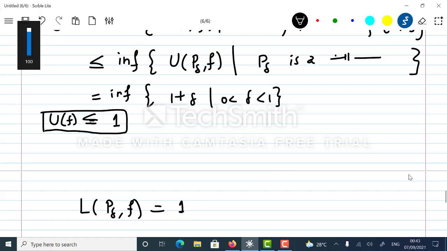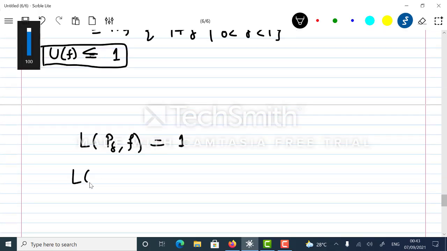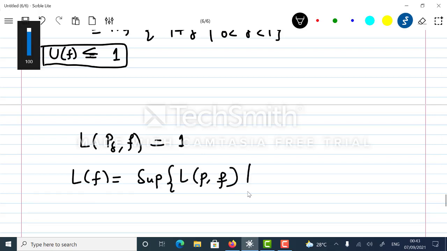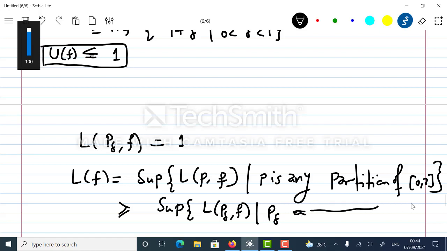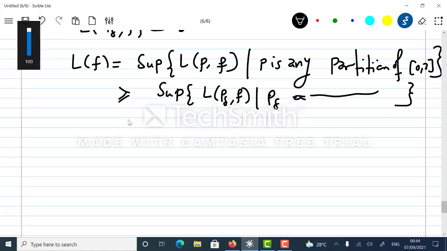Yeah, so that you can check out, and then it is a constant anyway, so my LF is equal to the supremum of all LPF such that P is any partition of closed interval 0, 2, and this is definitely greater than or equal to the supremum of LP delta F such that P delta is a partition of closed interval 0, 1, and this is equal to the supremum of the number 1 only, where delta is between 0 to 1.